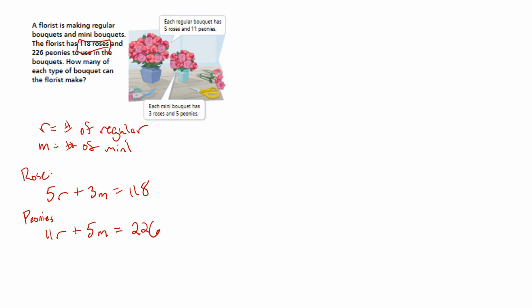So I'm going to first just rewrite my equations. We're going to have 5R plus 3M equals 118, and 11R plus 5M equals 226. And now we can pick which variable we want to eliminate first.